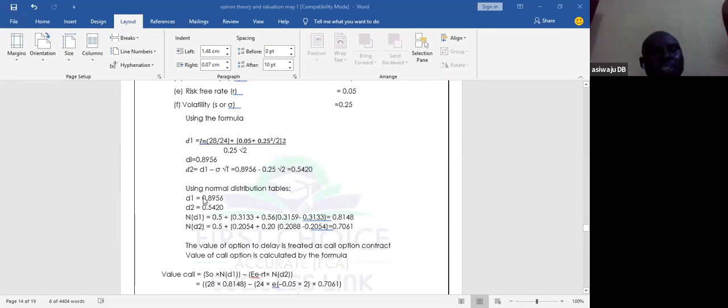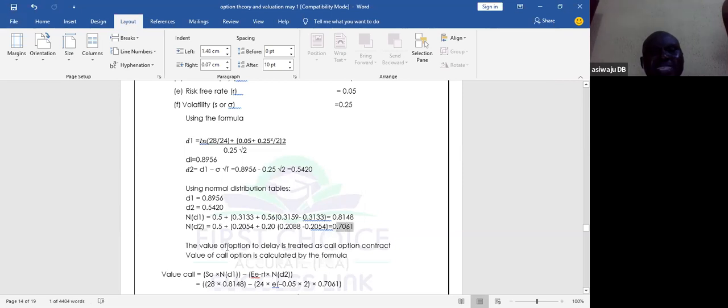Remember, once your D1 is positive, introduce 0.5 plus, then read your figure, 0.8 under 9. Once you read your figure, you have your N(D1). Once you introduce your figure for D2, you have your N(D2) computed.